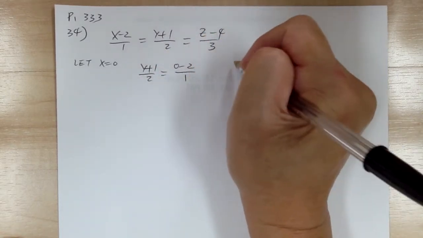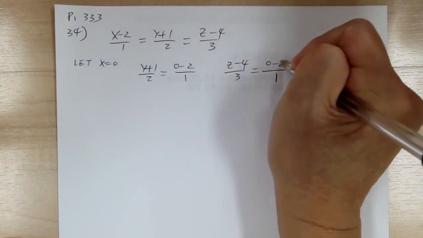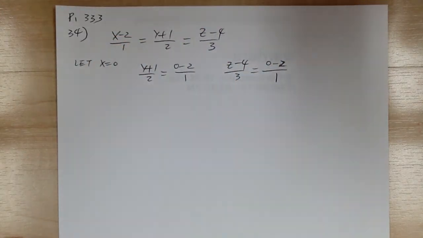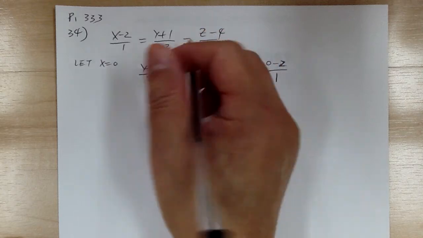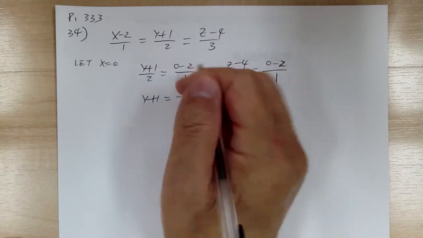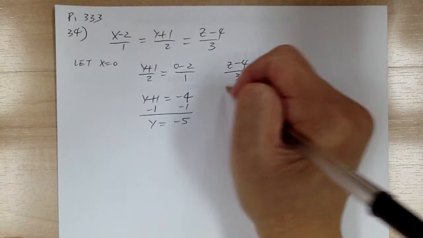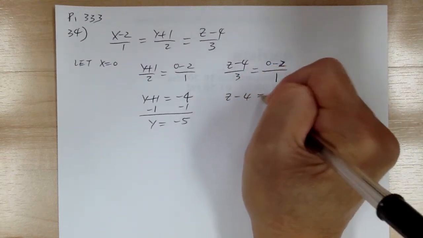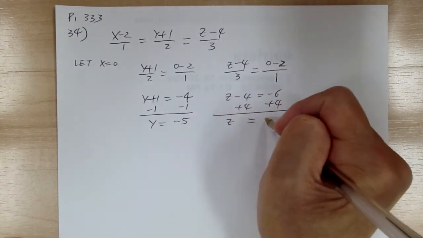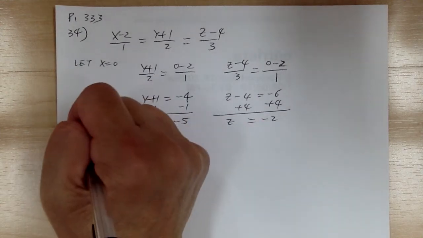And you've got z minus 4 over 3 equal to 0 minus 2 over 1. So now to solve for y and z, just go and cross multiply. So you get y equal to negative 5. Over here cross multiply, and plus 4. Okay, so over here you're going to get 0, negative 5, negative 2.